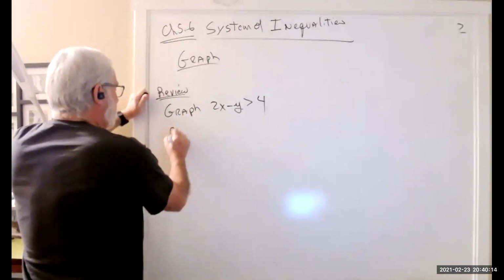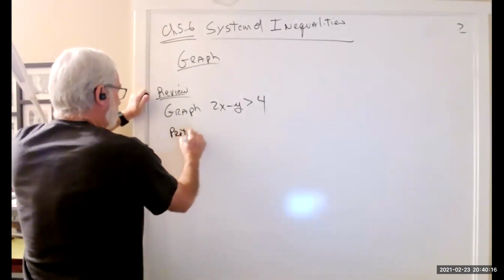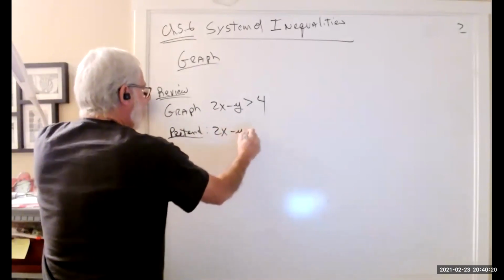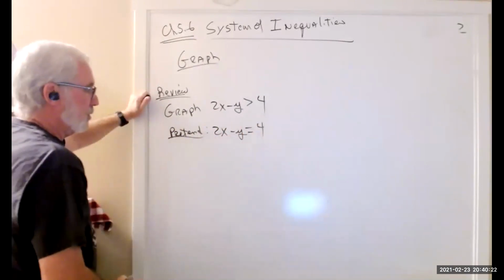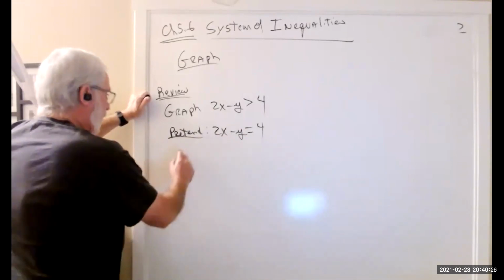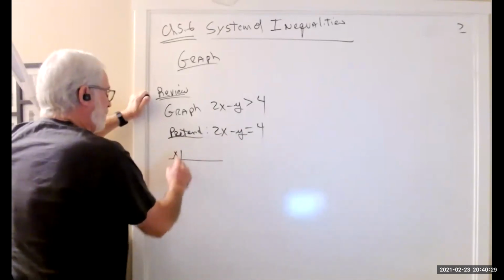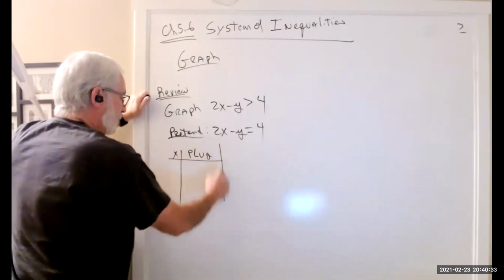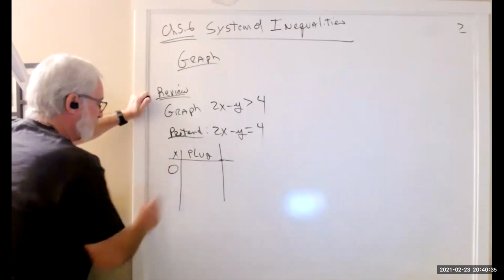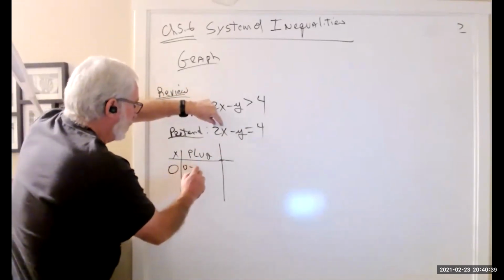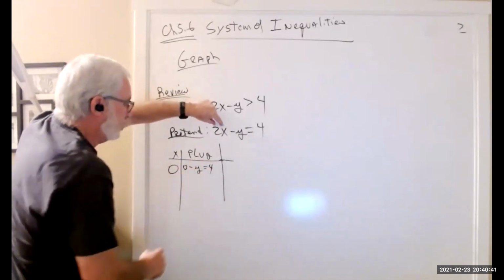We're going to pretend that this is 2x minus y equals 4. We're going to pretend it's an equal sign. Okay, I personally am going to build a table. If x is 0, then I get 0 minus y equals 4.